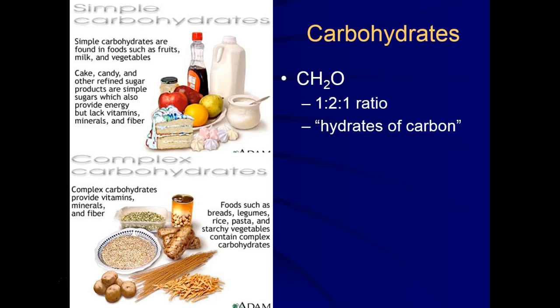Now, where they got this idea comes from a really simple experiment. It's a little dangerous for us to do it because we use concentrated sulfuric acid. But if you take sugar and put it in a test tube and add strong sulfuric acid to it, a vigorous reaction will take place. And what you'll get is a big tower of carbon.